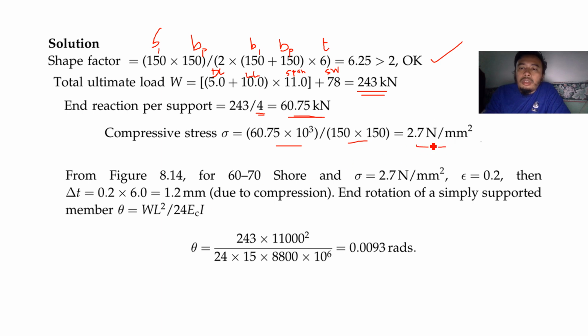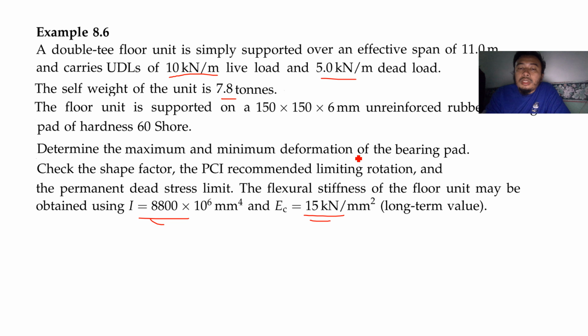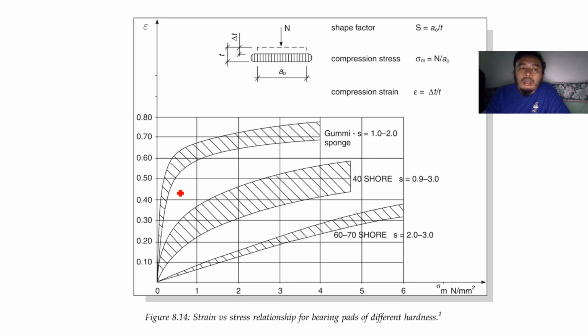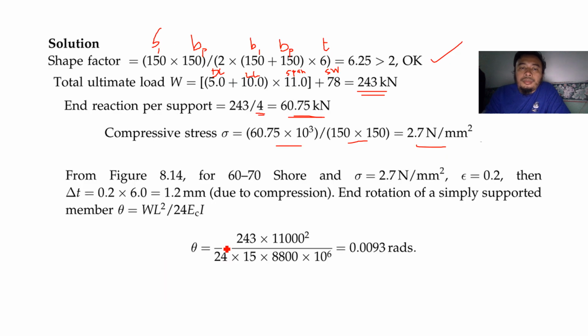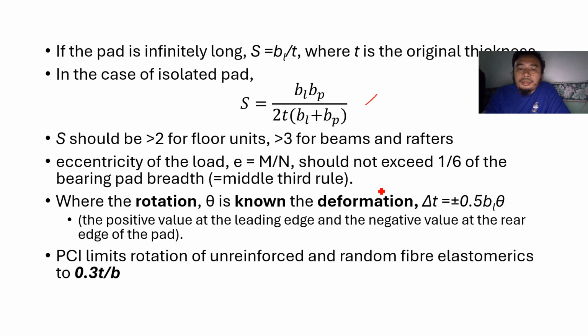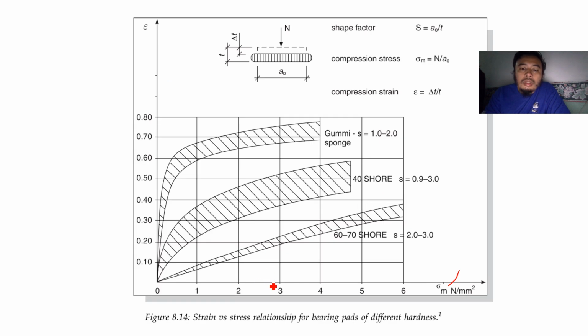So based on this compressive stress, you can get your deformation strain. As you can see here, you have your compression stress here. This is in example 2.7. So around here, you get your 60-70 shore.